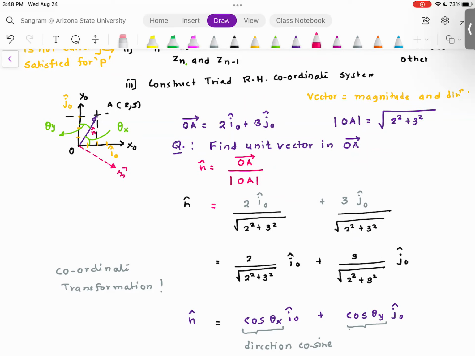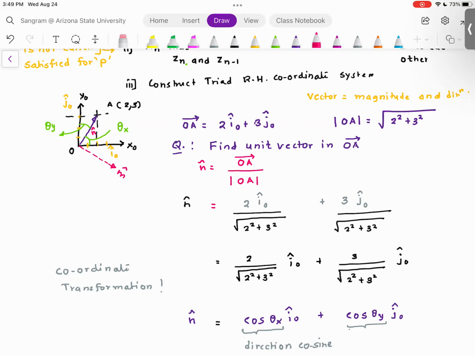What that means is, if I travel 2 times the unit vector in x0 and plus 3 times the unit vector in y0, which is j0, I get to point A. But I still want to go to point A without using the coordinate system x0, y0. I want to use the coordinate system m hat and n hat.